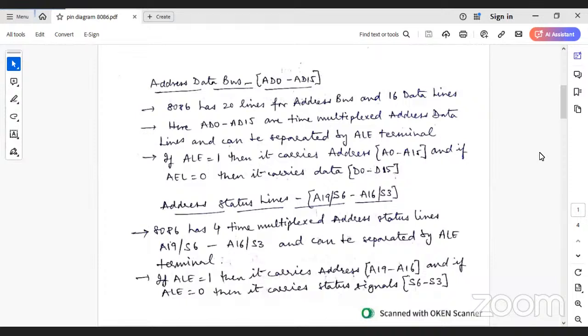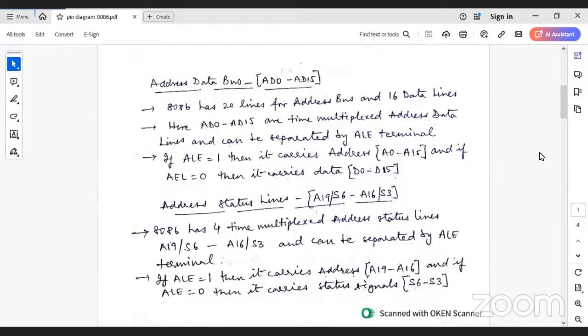So earlier one was address data lines. Next one is address status lines. So here, what I mentioned in the figure, that AD19 to AD16, this is simply used for the address bus. That is why it is denoted as A19/S6, because that particular pin has got two functions.